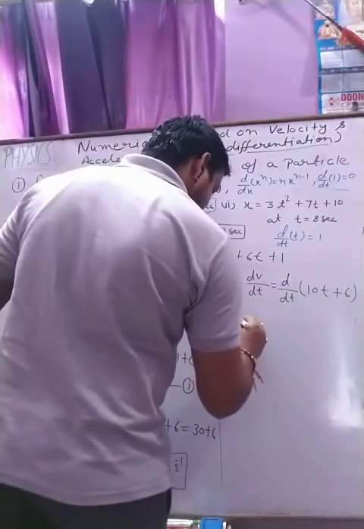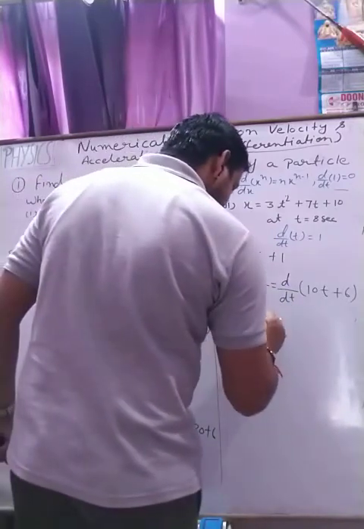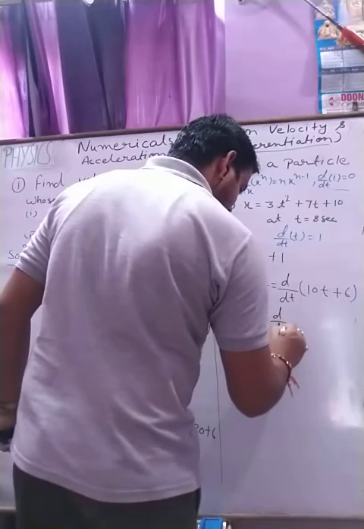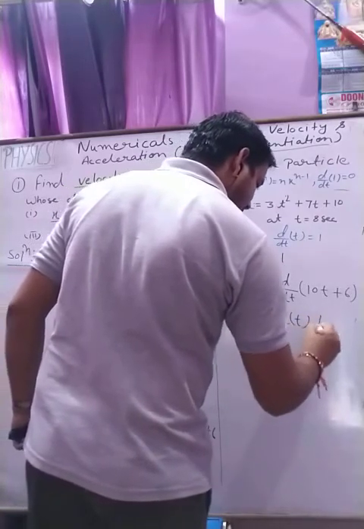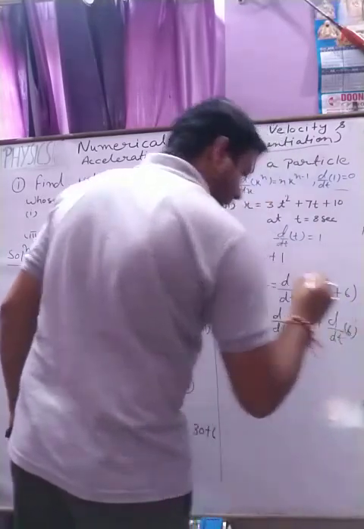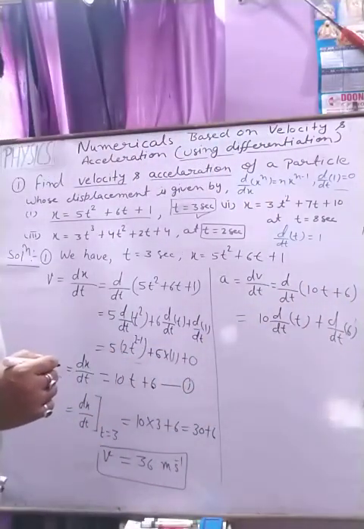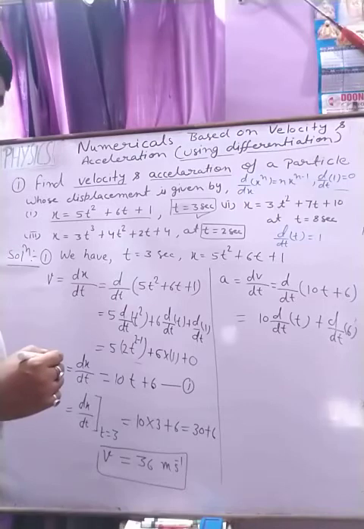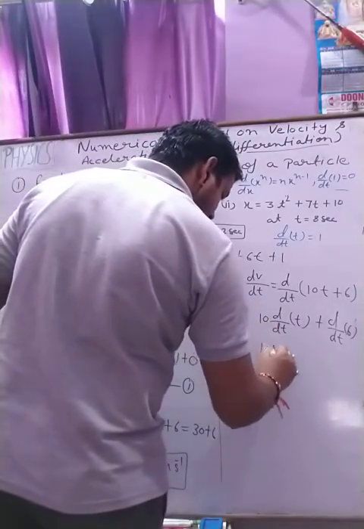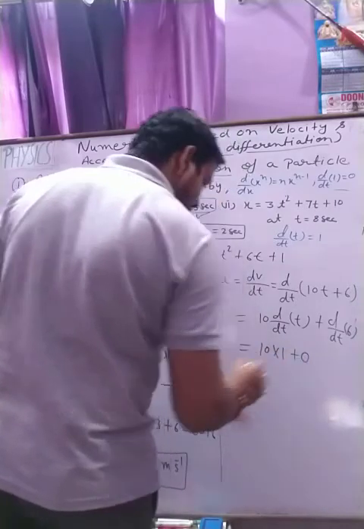On solving this we get 10 d over dt of t plus d over dt of 6. Okay, on solving this we get 10 into 1 plus 0.